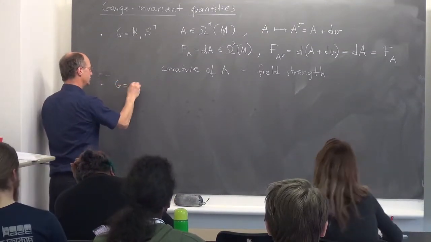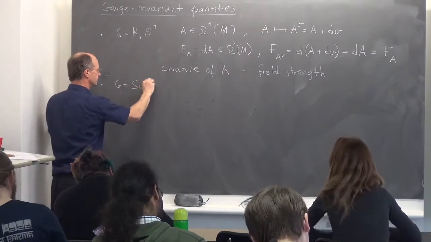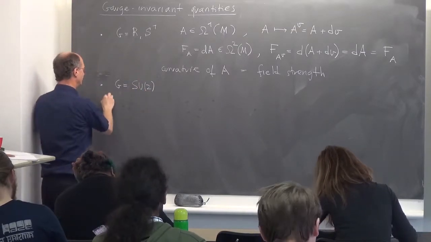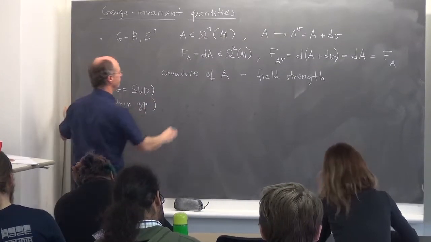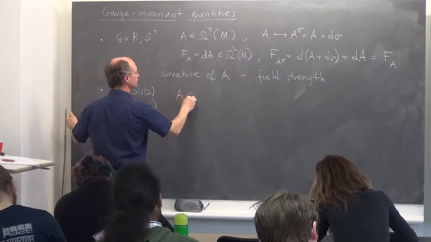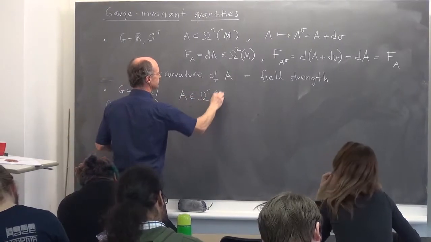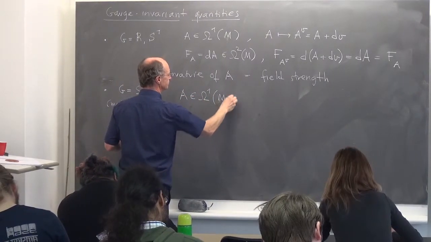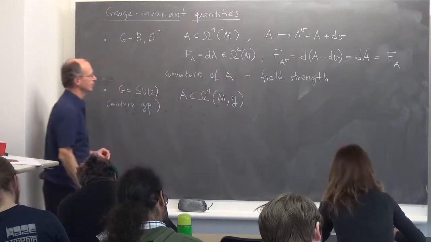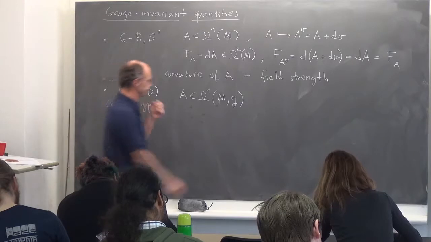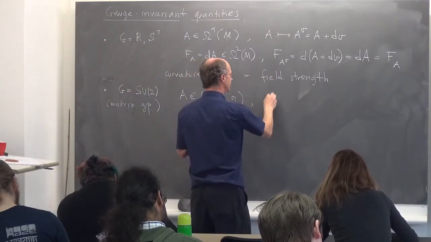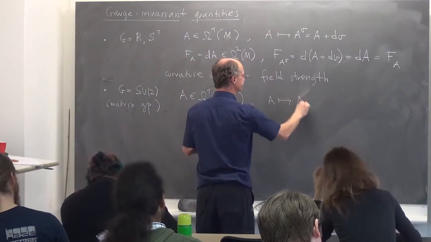Now, let's say G is non-abelian, for instance SU2 or any other matrix group. So if the bundle is trivial, gauge fields are one forms with values in the Lie algebra. And the gauge transformations are somewhat more involved.